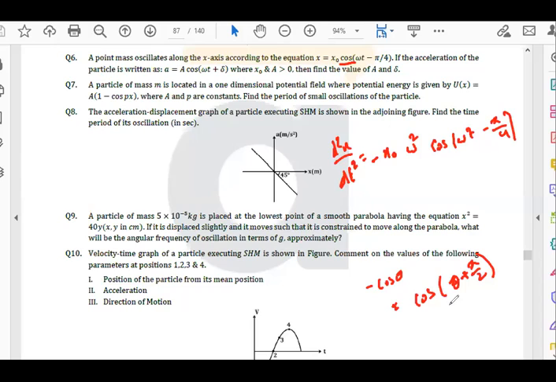Basic trigonometry. So I can write it like this: omega square x naught cos omega t minus pi by 4 plus pi by 2. If you solve this, what will you get?